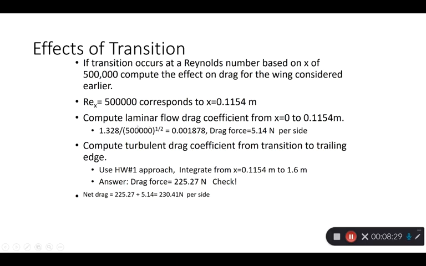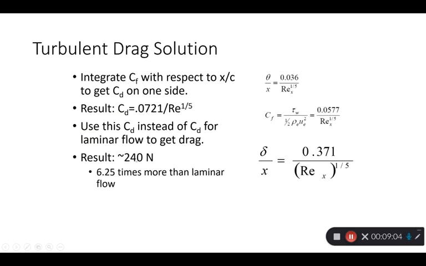So you have to just integrate it 2 times from 0 to 0.1154. You should use the laminar drag coefficient integrated. Then from 0.1154 to the chord length, you should use the turbulent integration. Again, in homework number 1, we do integration of this nature. So if you integrate all these things, you'll get a net drag per side of 230 newtons rather than 240 newtons.